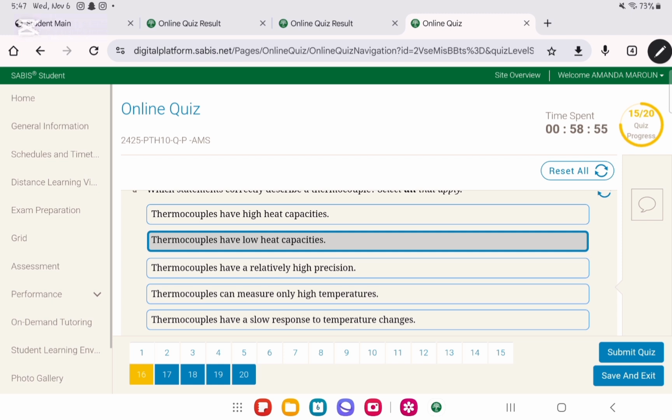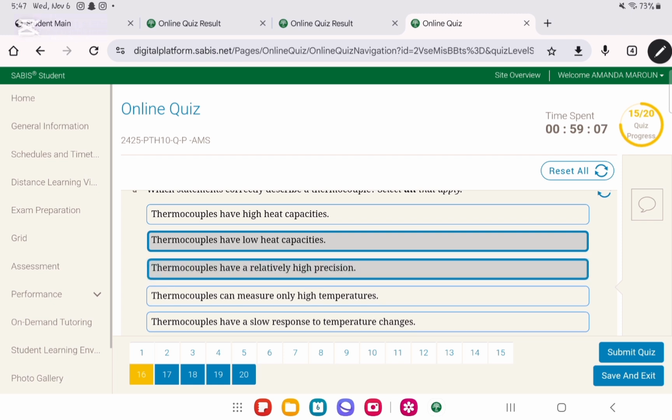Then they also have a really high precision, meaning if you turn on the AC and you say, okay, I want it now 15 degrees and your room was 20 degrees, it's going to detect that your room is 20 degrees and it will know, okay, I need to lower it by 5 degrees Celsius. And then when it detects that the room is 15 degrees Celsius, it will stop working and the room will remain constant at 15 degrees Celsius. So it is highly precise, meaning it has a high precision.